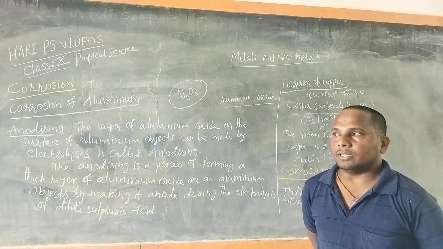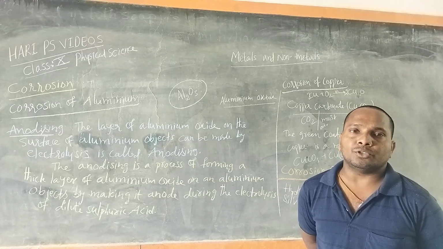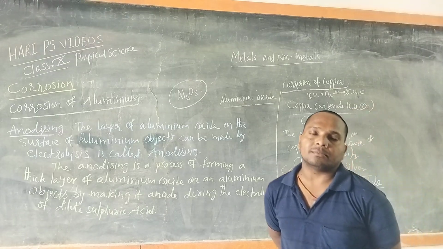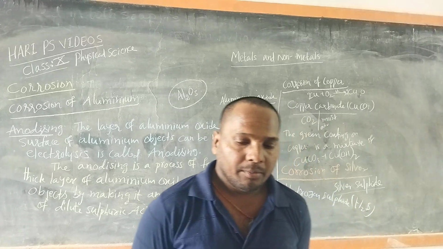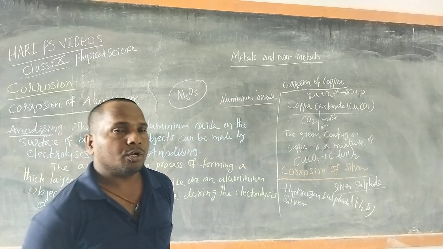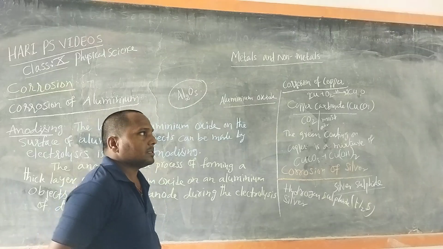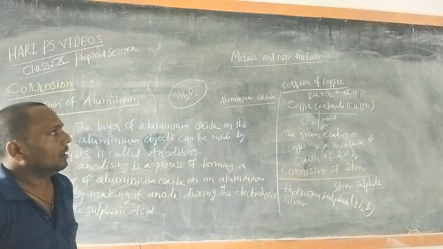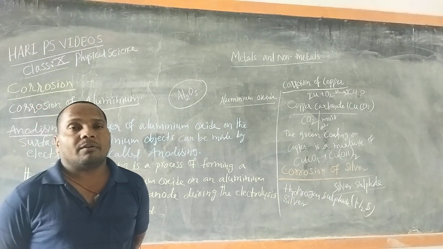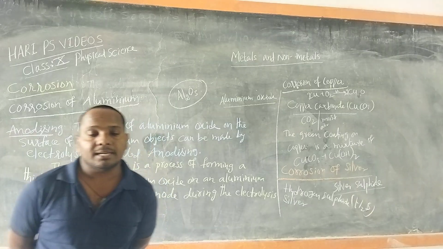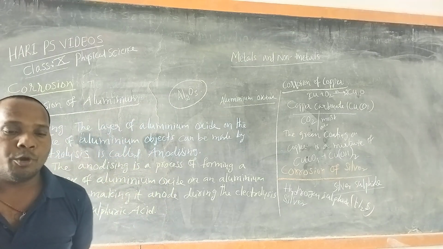Due to this reason, gold and platinum are used in making jewelry. So this is about corrosion of aluminum, copper and silver. I hope you understood.